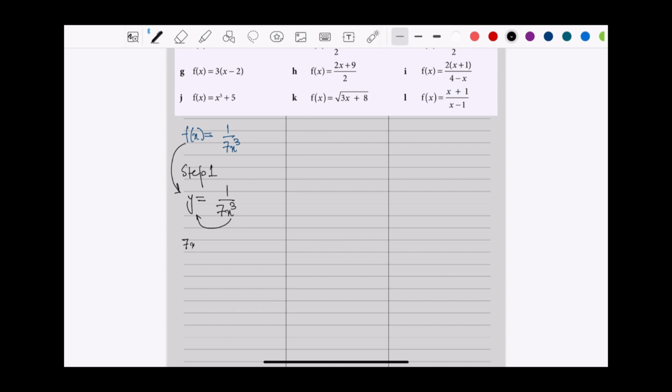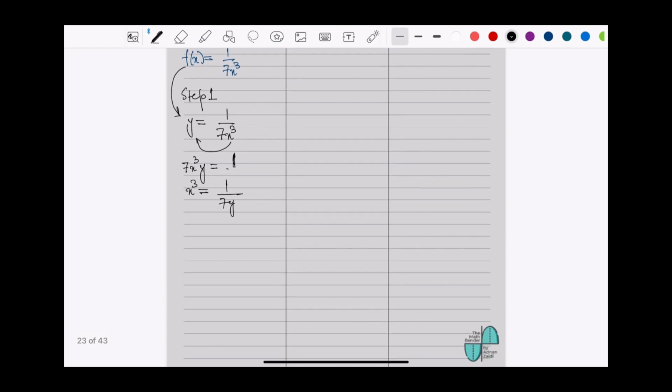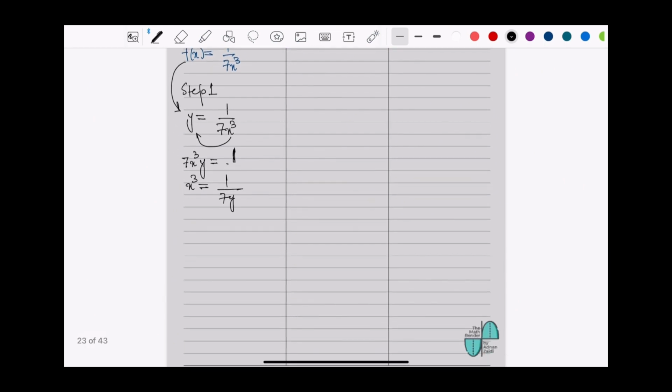So this will be 7x cubed y is going to be 1, and x cube. Leave x on one side and the rest of the other things on the other side.